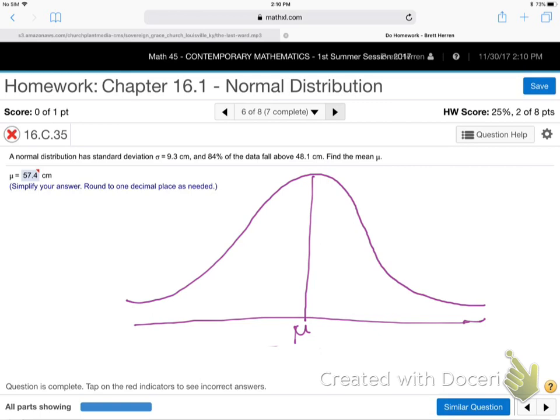And then what we're going to do is go 3 lines to the right and 3 lines to the left. 3 jumps to the right, 3 to the left, evenly spaced. 1, 2, 3, and 1, 2, 3. The first one to the right is mu plus 1 sigma. The second one to the right is mu plus 2 sigma.